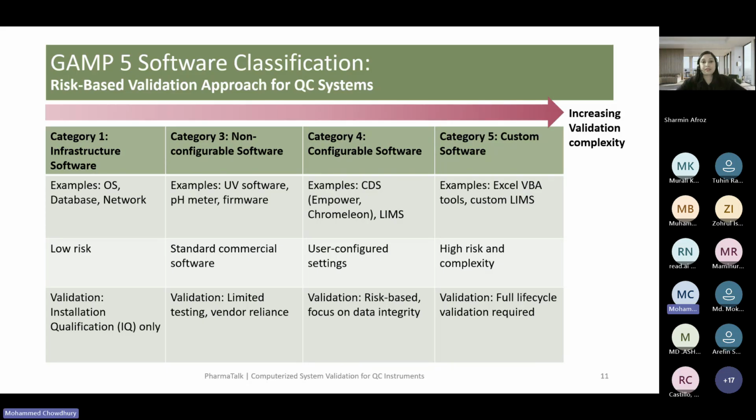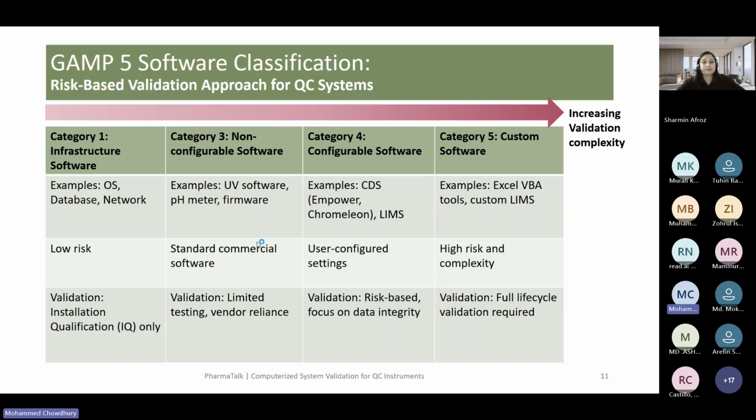So good. Thank you, Sharmin. Arifin Shahriar, I think what Sharmin explained is that if the SCADA is customized, then it will be in category 5. If not, maybe in category 4.